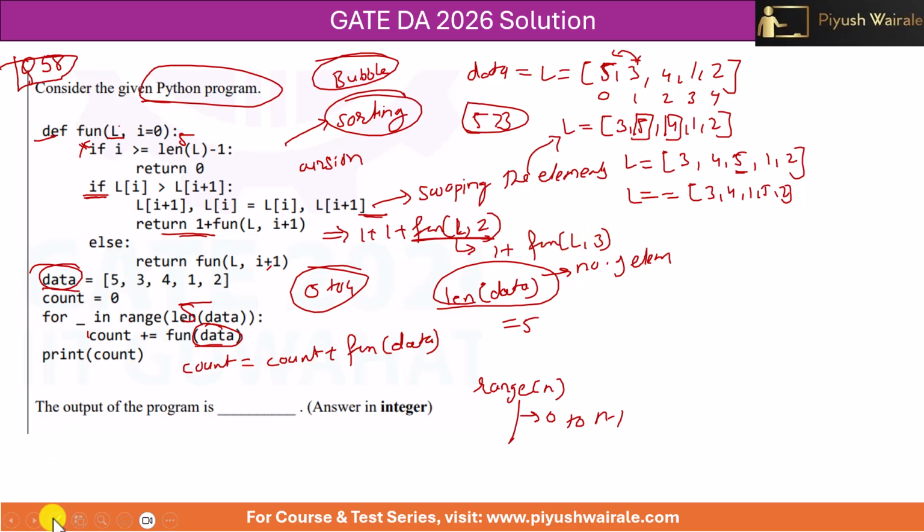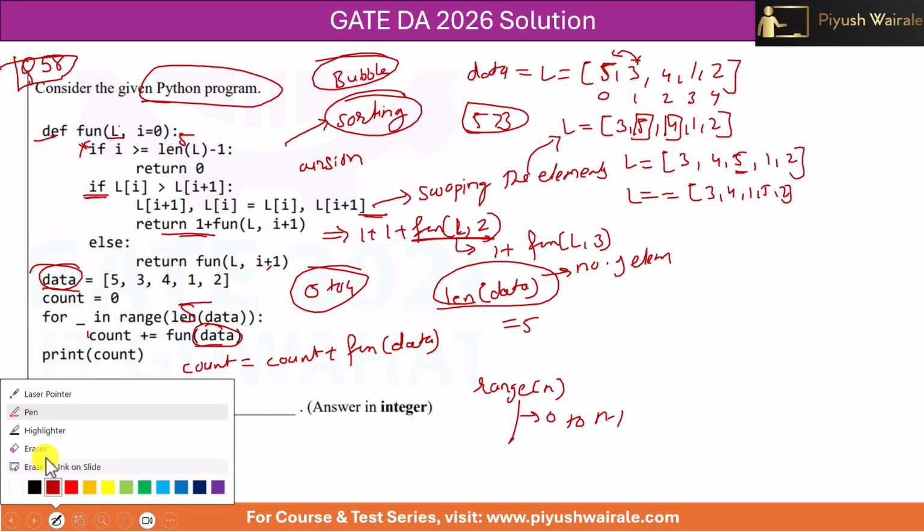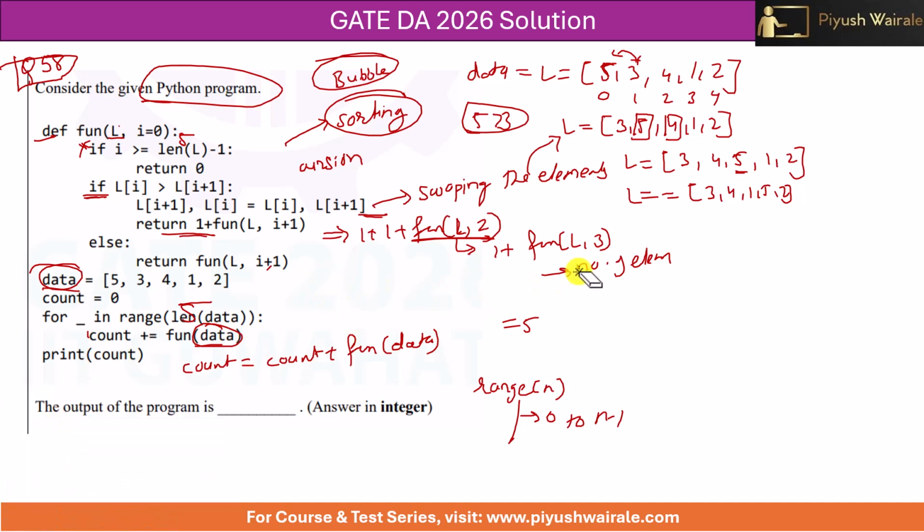Right? So see, this is what is happening here. In the case of recursion, first one we got from the first iteration, next one from the second iteration, now this one from the third iteration. Okay. So up till now the output is 3 plus fun of L, 3.